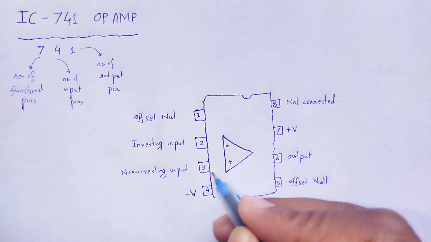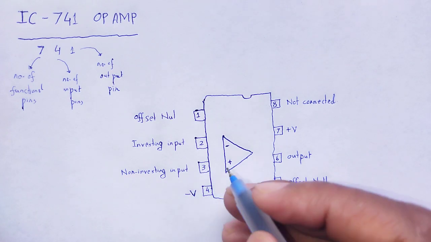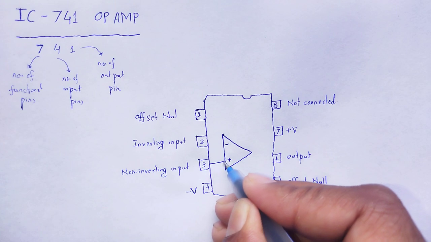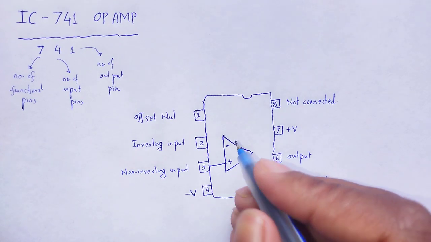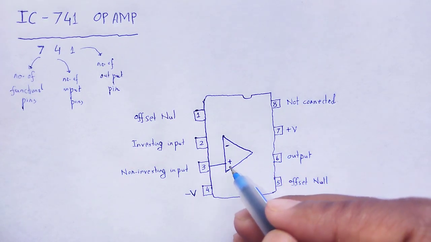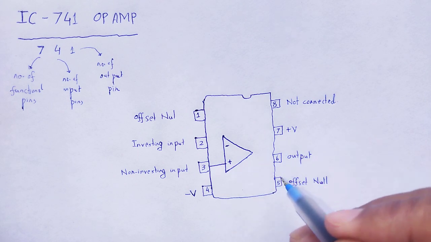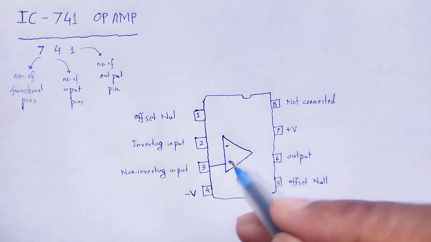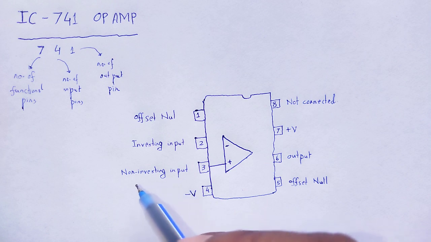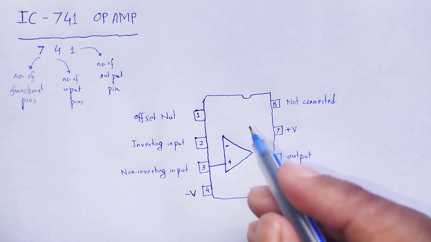If we provide the signal to the positive end, the non-inverting input, at output the signal is in the same phase as the input, therefore it is called non-inverting input.